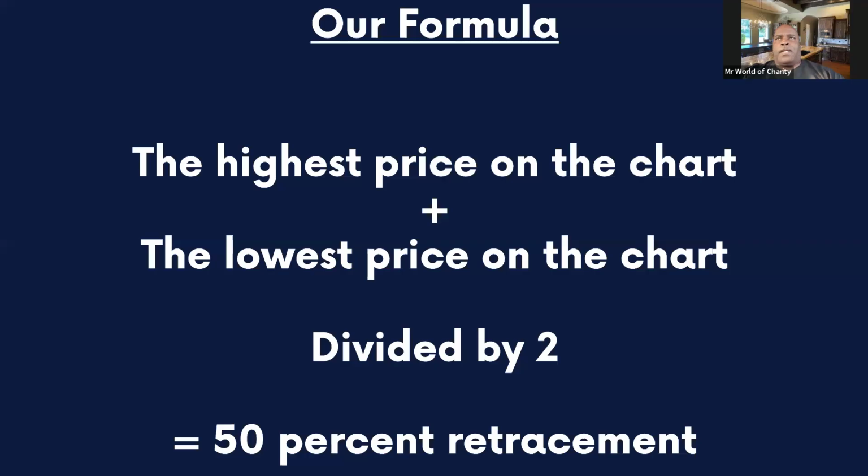It's going to point you to the highest price on the chart. And then that same half moon is going to show you the lowest price on the chart. So we want to find the highest price and the lowest price, add those two numbers together, take that total and divide it by 2.